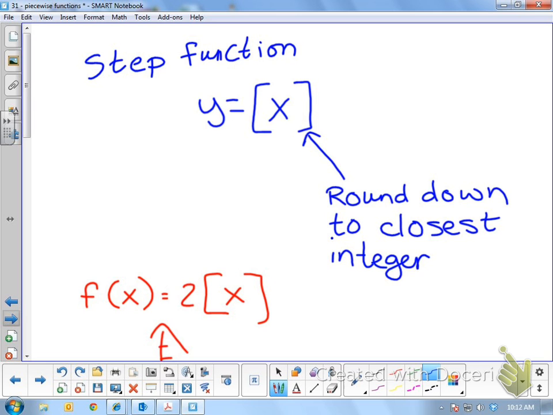So that floor function is telling us to round down to the closest integer. The reason we would do this, let's say I want to predict how many students I'm going to have in my class next year. So I go through, I gather the data, come up with an equation, and I say, okay, next year in every class, I'm going to have 35.6 students per class.